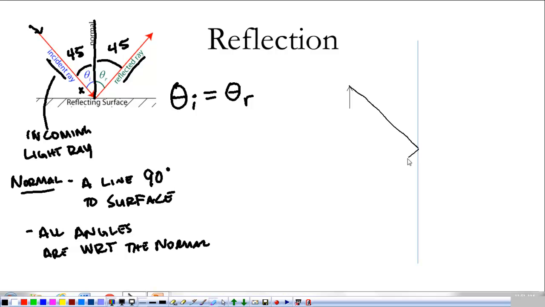Well, it's going to be reflected in such a way that this angle and this angle are the same. And if we imagine another one coming in and being reflected out, it's going to work in such a way that those two angles appear to be the same.